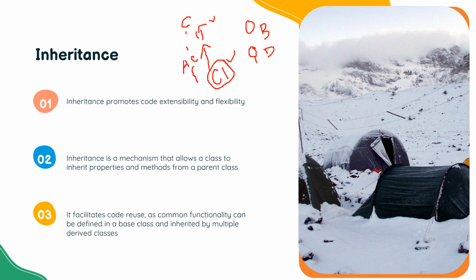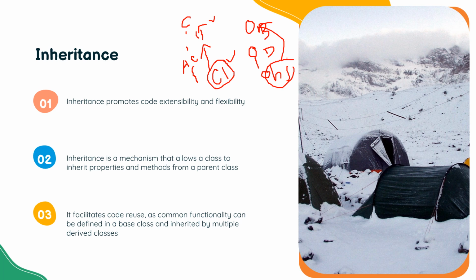When I create an object of this class, this object can also have the properties of the base class. This way inheritance helps us with code extensibility. The code written for this class can also be used by this object or this child class. And flexibility means we can use the data of the base class here also.